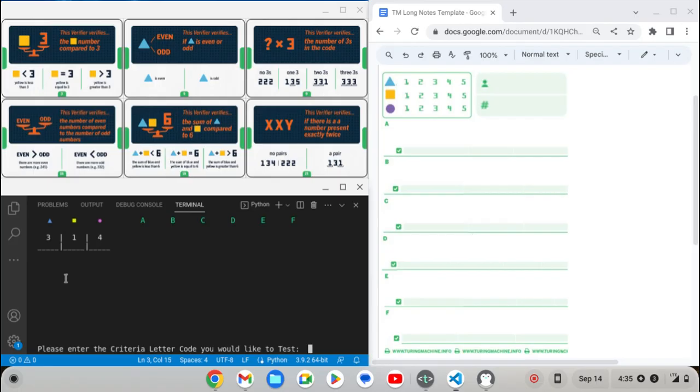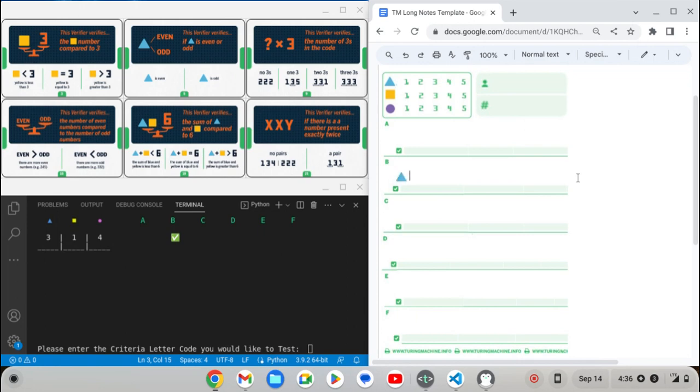And we're going to begin with an initial proposal of 314. So the first thing I want to test is criteria card B. I want to know a little bit about that first digit. So the Turing Machine approves of my choice. I did pick an odd 3, so that means that the triangle digit is in fact an odd digit. So let's go ahead and type that up in our notes.